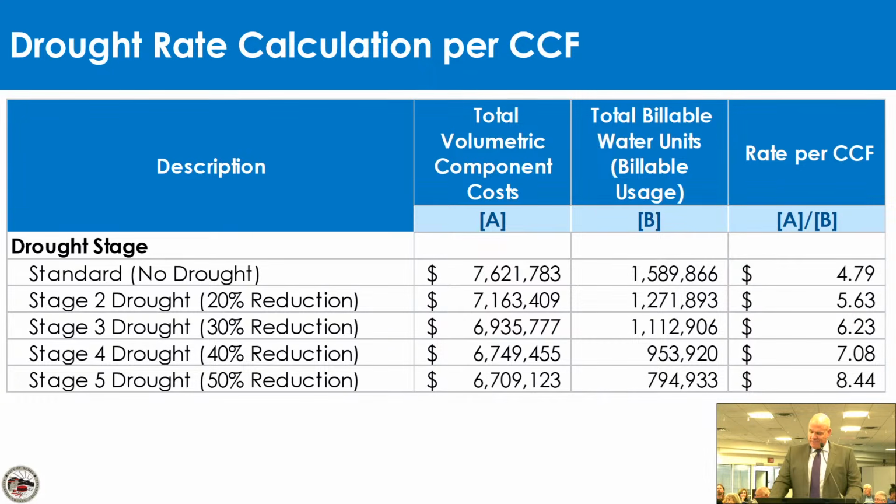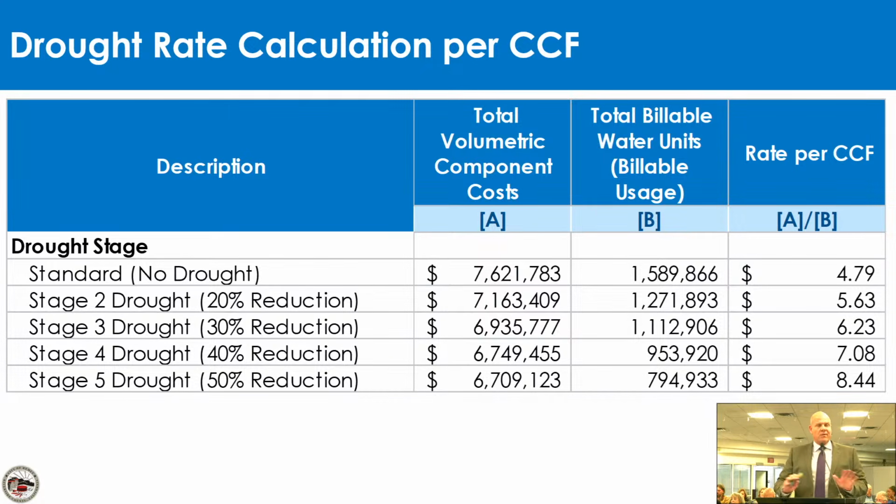So about $7.6 million in costs spread across almost 1.6 million units of water is how you calculate that $4.79. Through each stage of the drought and each of those corresponding reductions in demand, you see the costs do go down somewhat, but the number of billable water units sold goes down even more. That's why you see the rate per CCF go up through each of those 5 stages of the drought.